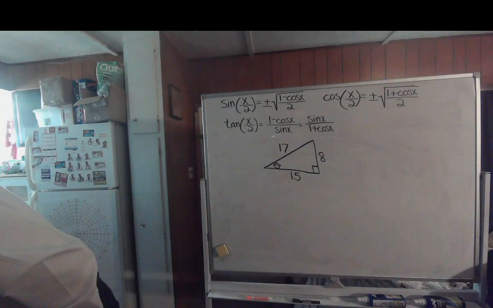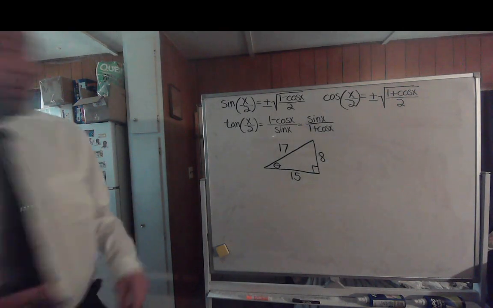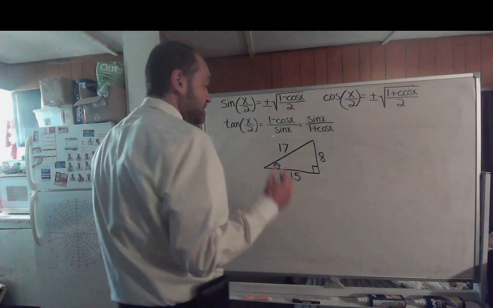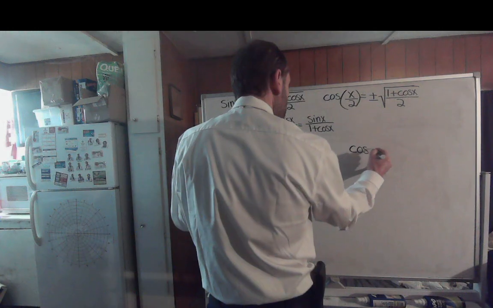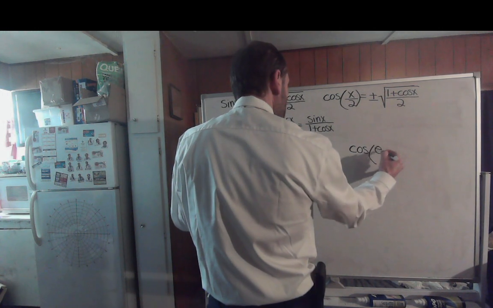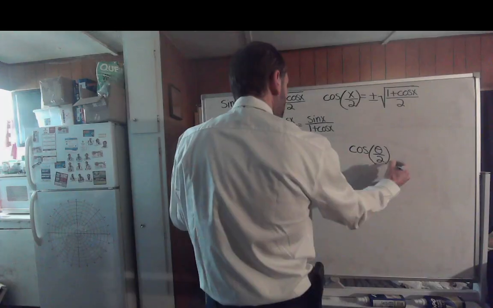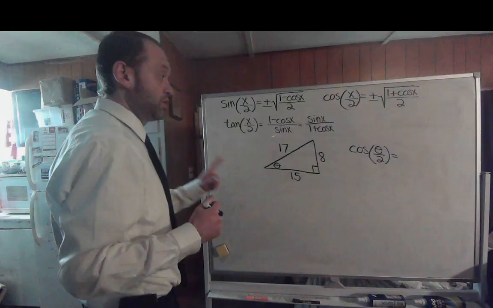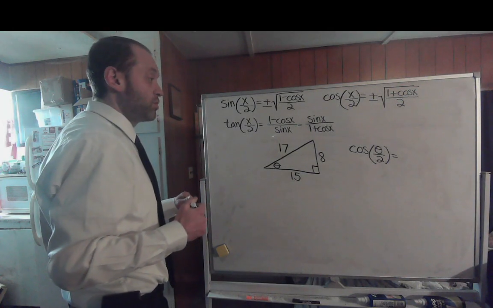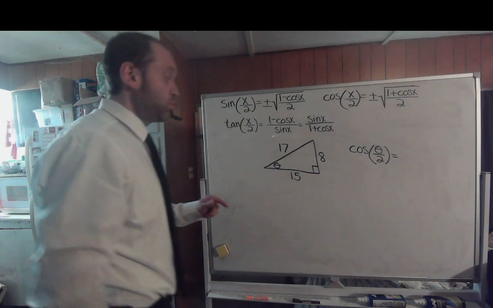So we want to first find the cosine of theta over 2. Our goal is to find the cosine of theta over 2. Well, let's use the formula. Now, what quadrant is this?